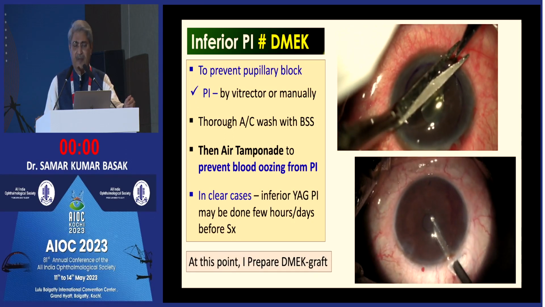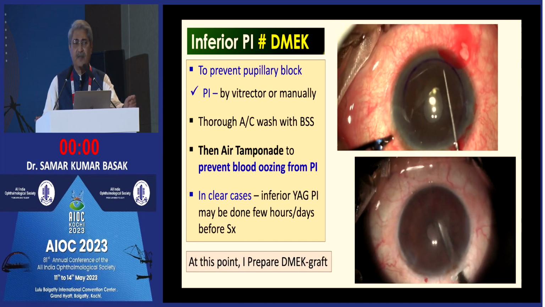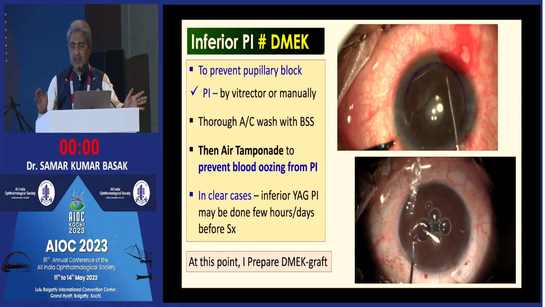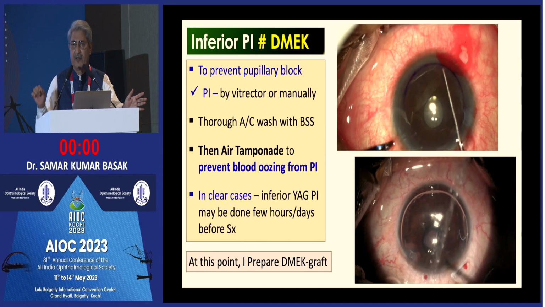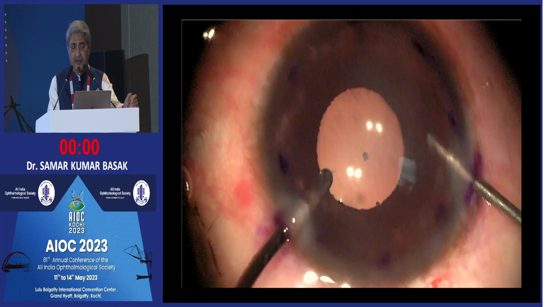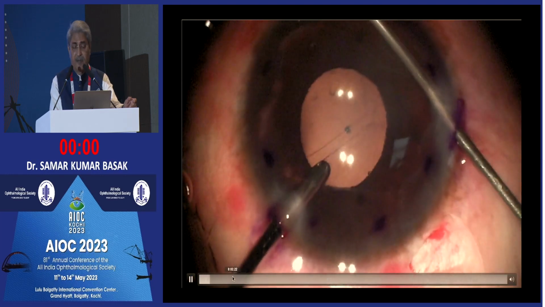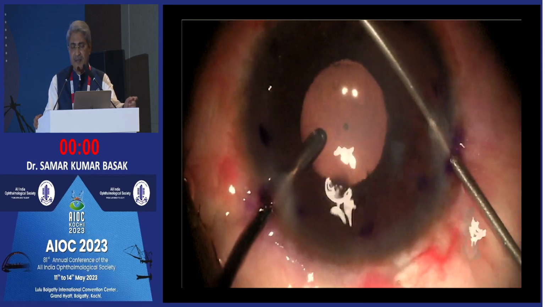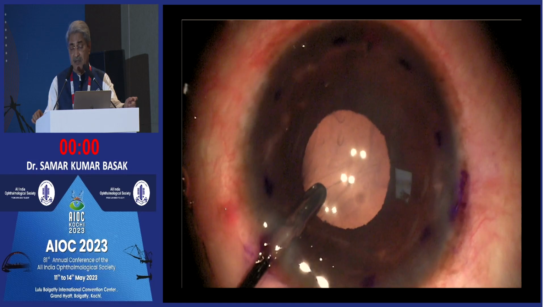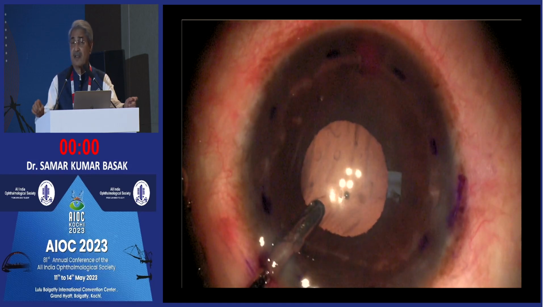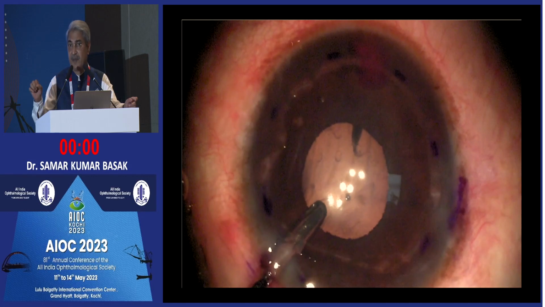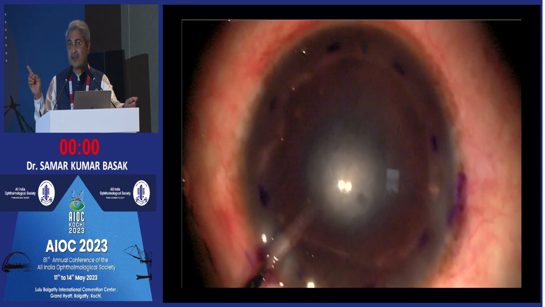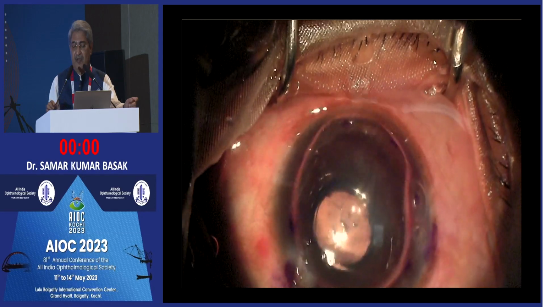There are papers. It prevents pupillary block, and you can do it manually or with a vitrector, but always put an air tamponade to prevent bleeding. Sometimes there will be a lot of bleeding with the vitrector. You may touch the vitreous space, and there might be vitreous prolapse through the PI. So you must be very careful. This tamponade will help.